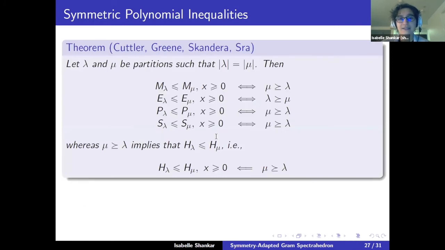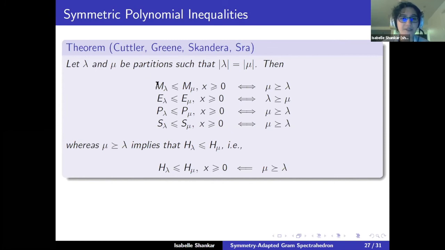This gives us what we call Muir-Head type inequalities. I have it listed here as one big theorem, but these statements were actually proven by a variety of people over time. In particular, Cutler, Green, and Scandera proved many of them. Sra was able to prove one of their conjectures later on. Let me state one of these. We assume that our partitions lambda and mu are of the same size.